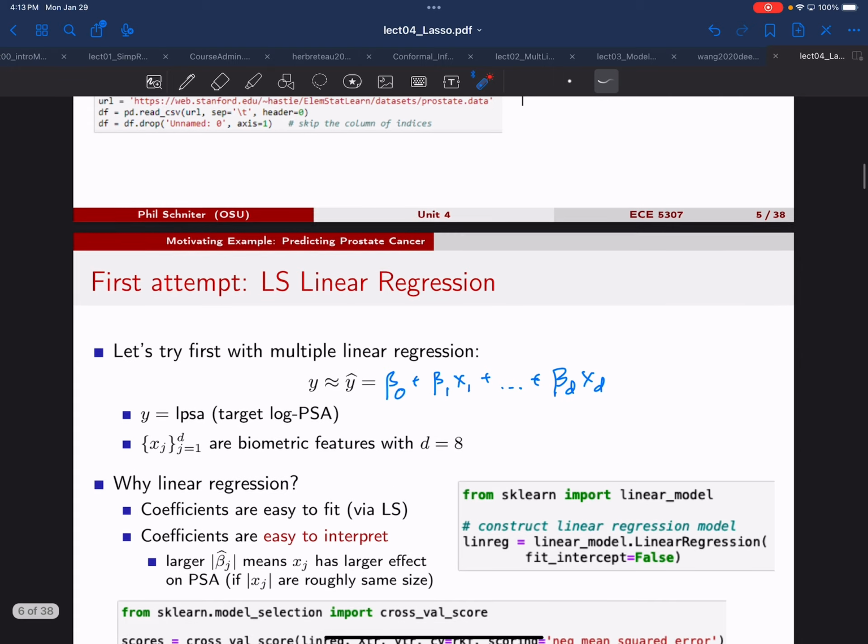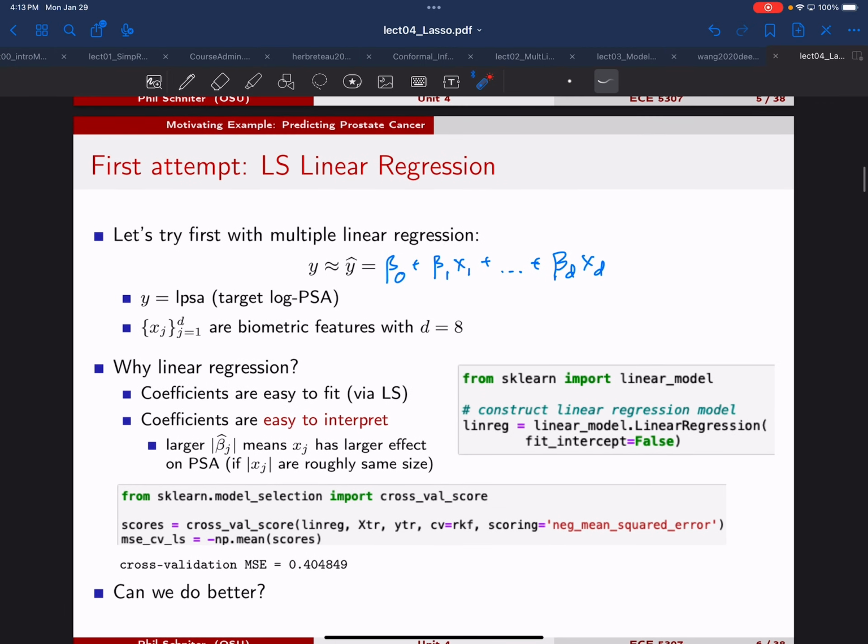And one way you can do that is you can do this fitting that we've described. You can then look at the values of beta 1 through beta d, and if you see that one of these values is much higher than the others, that suggests that particular feature is much more important to predicting the target than the other ones, and okay, that's really important. So this is the other advantage of linear methods.